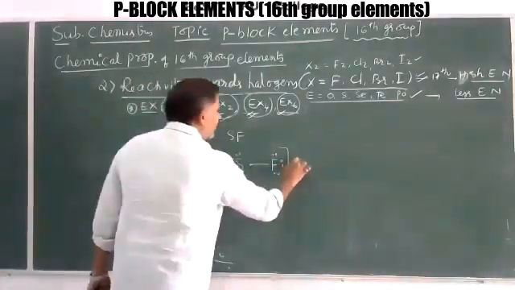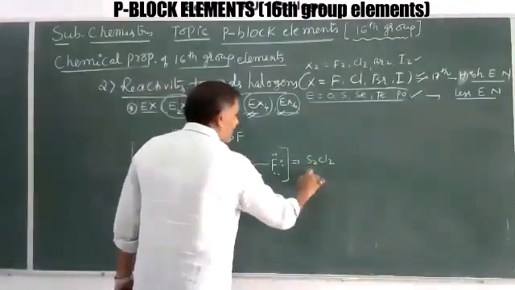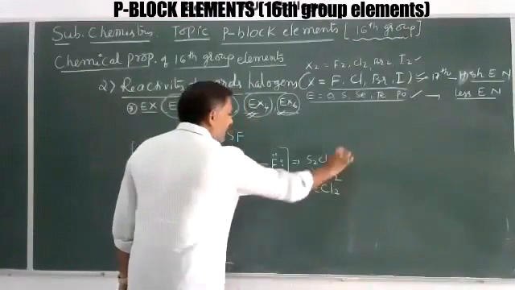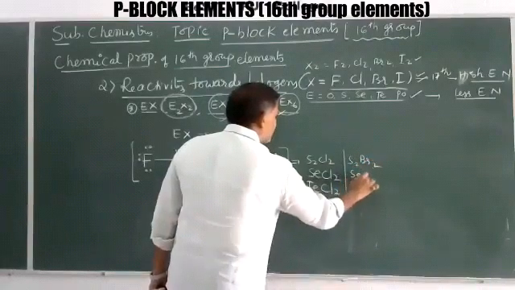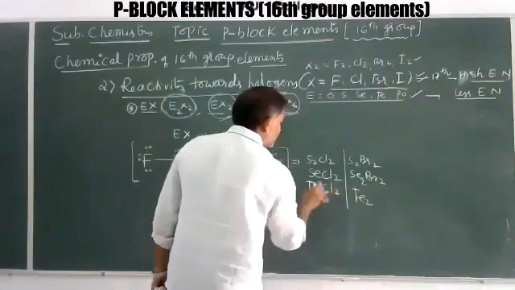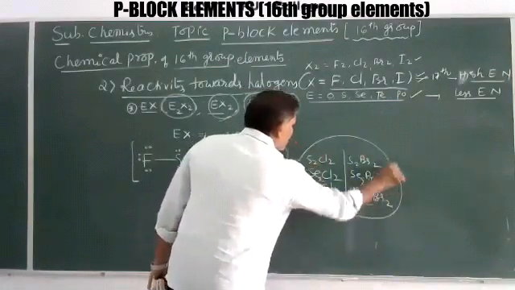Then it forms compounds like S2Cl2, Se2Cl2, Te2Cl2, S2Br2, Se2Br2, Te2Br2. These are some important examples.